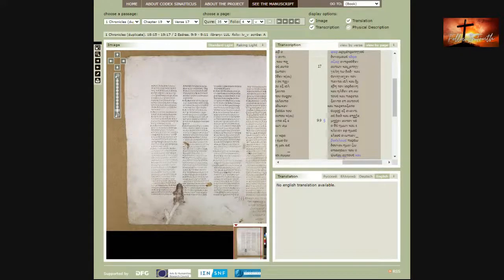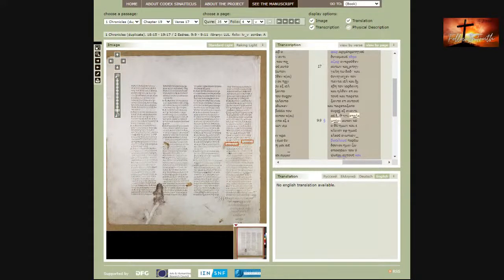This isn't damaged. This is the scribe who literally went from verse 17 there and jumped, as you can see there, into second Ezra, chapter 9, verse 9. He literally left out the remainder of 1 Chronicles, and then the beginning of 2nd Ezra. And that's how it reads. He finishes the line there. That's this word.